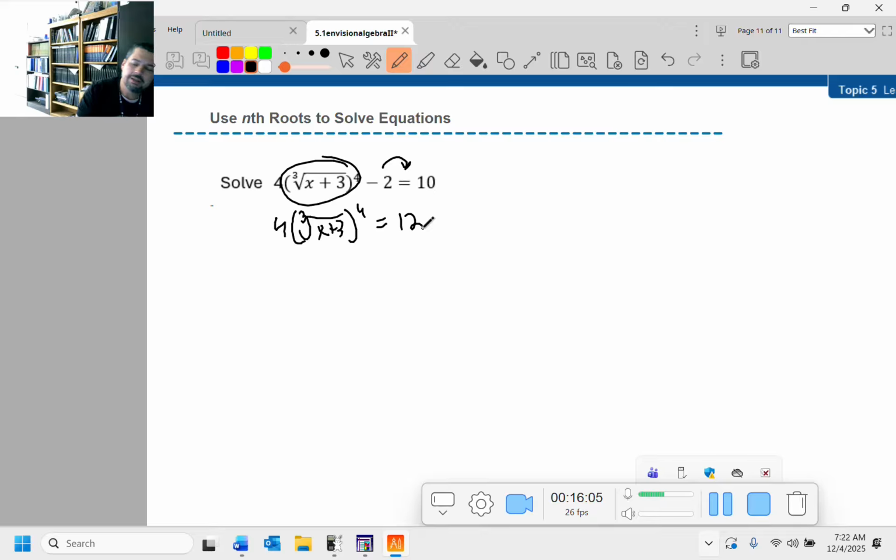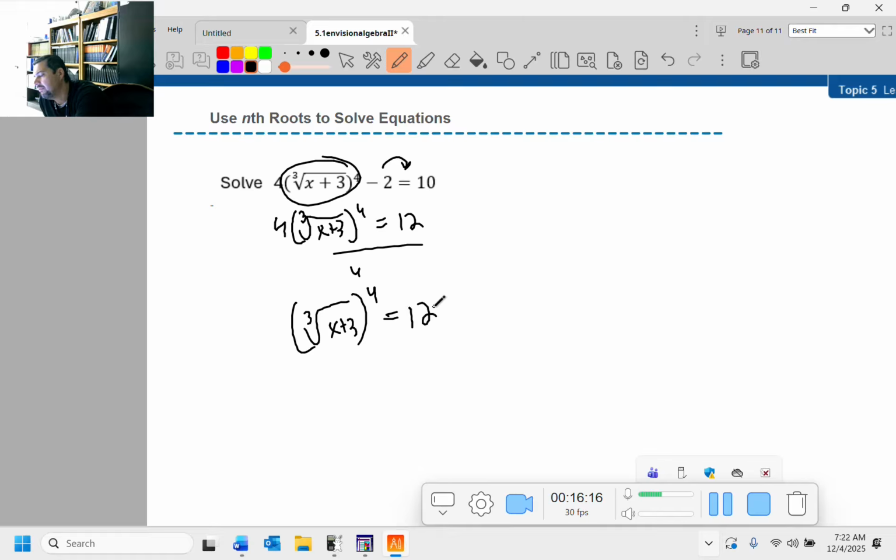So I added 2 and got 12. The next easy thing to do is divide by 4. And I've got the cubic root of (x plus 3) to the fourth equal to 3. Now, it's so much easier to just use exponential form.